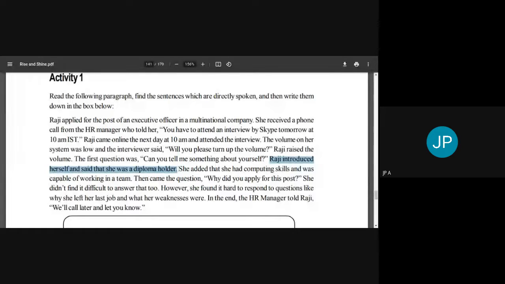Okay. So this is one response from the candidate Raji. This is also spoken by her, but it is not given in quotations. Why is it not given in quotations? She said something, but it is not given in quotation marks. It is not given in inverted commas. Why is it not given within inverted commas?